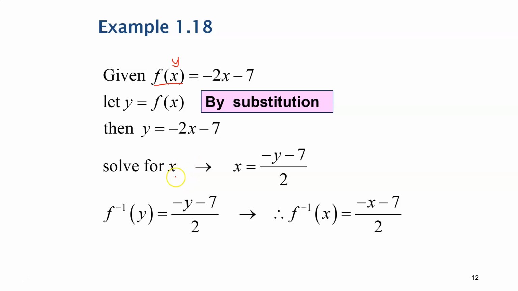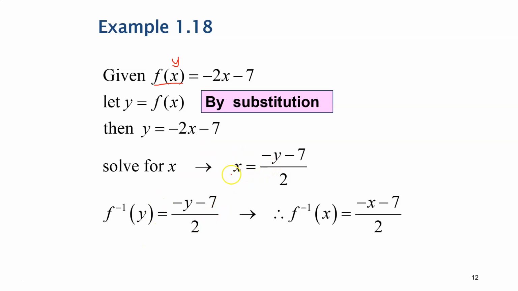We're going to solve for x, so we want to move the x term to the left side, so we only have a single x. When you rearrange, you will get x equals negative (y minus 7) divided by 2. I just rearranged it, so you get this one.